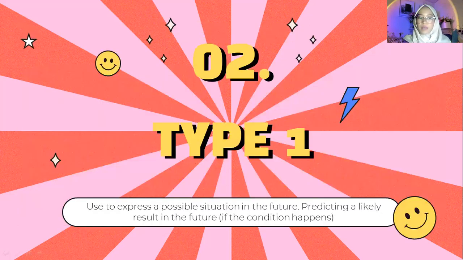The second type is type 1, used to express a possible situation in the future, predicting a likely result in the future if the condition happens. So this is used to express a situation that might happen in the future.